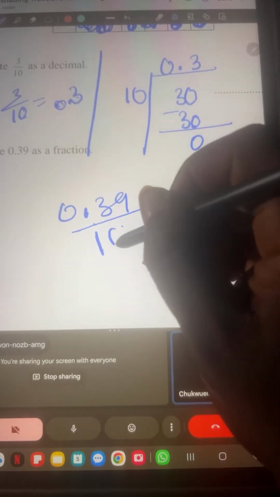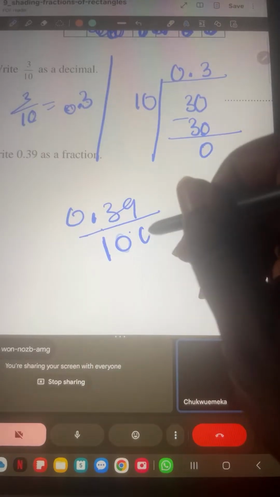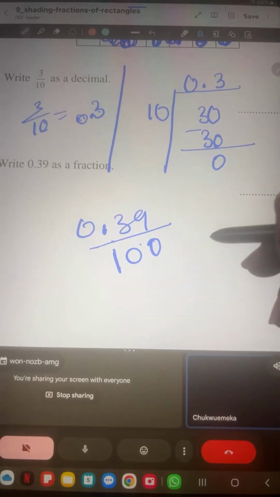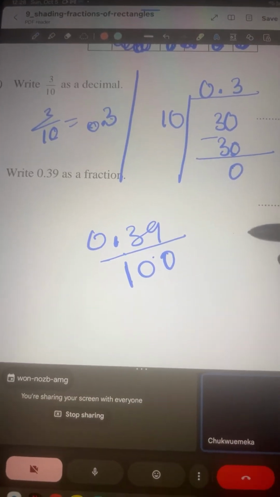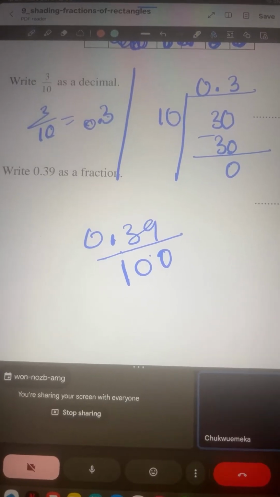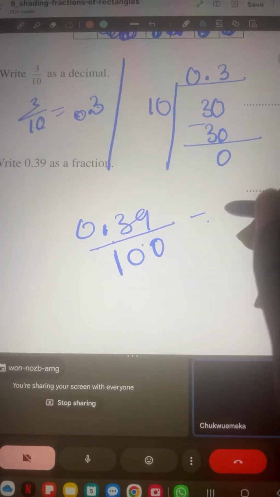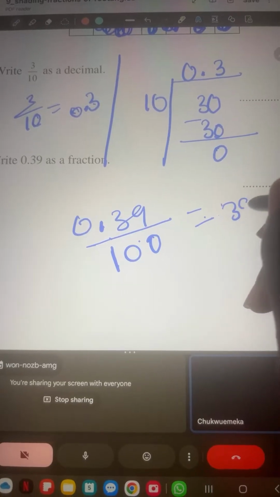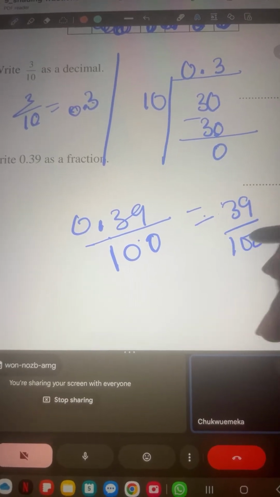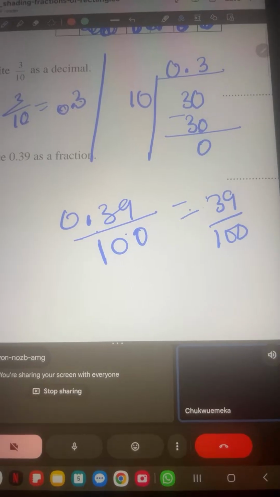If you see a number, write 0. If you see another number, write 0. As the numbers continue to go on, the zeros will be increasing. Supposing there is another number, I will still add another 0. So that is giving us 39 all over 100, okay?